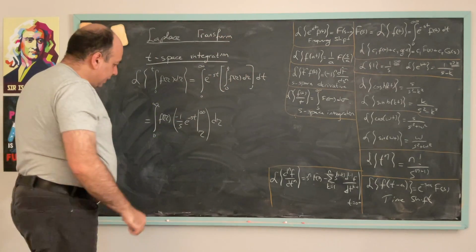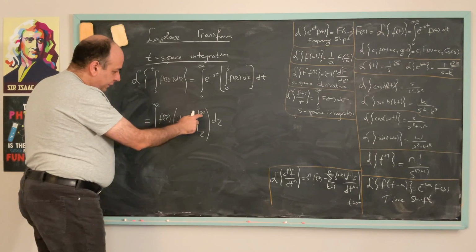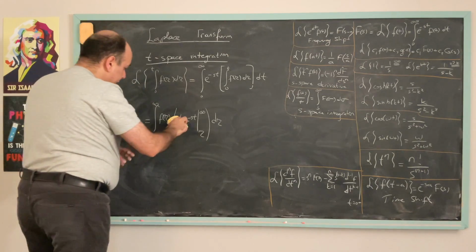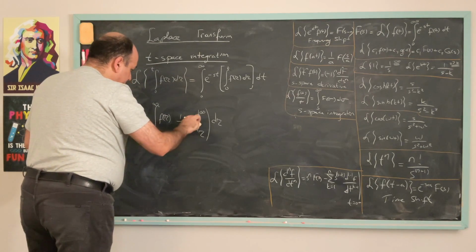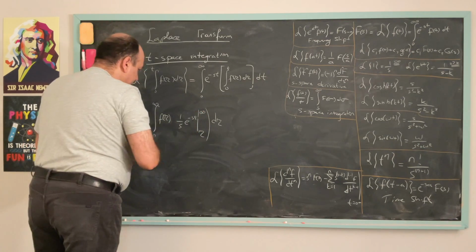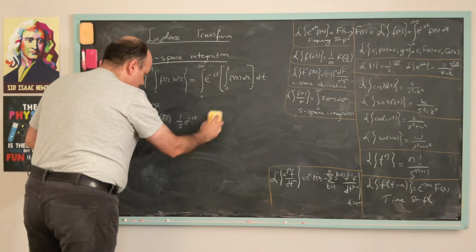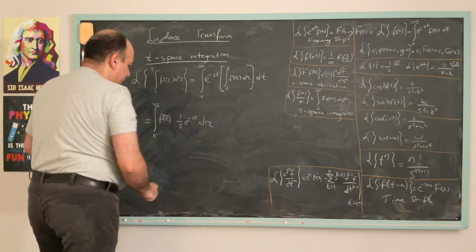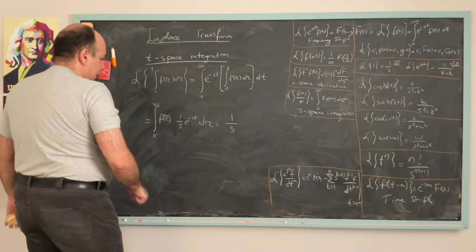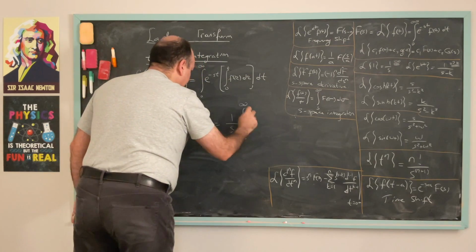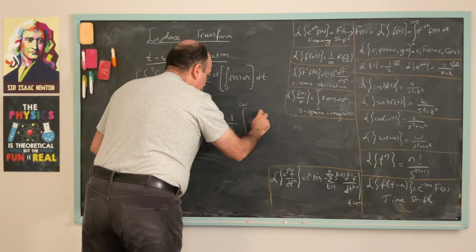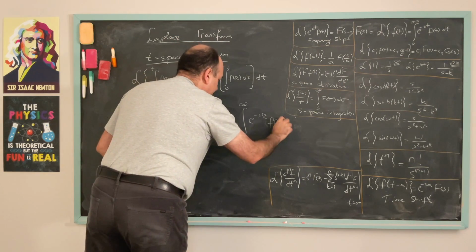When I look at these limits, when t goes to infinity, this is just 0. The lower limit gives me plus 1 over s, and this becomes e to the minus s tau, d tau. This is simply equal to 1 over s. I can take 1 over s out. The integral from 0 to infinity of e to the minus s tau, f of tau, d tau.